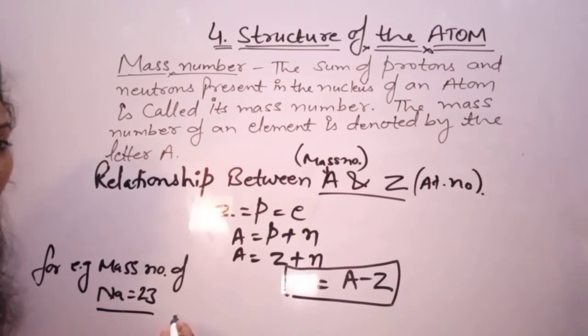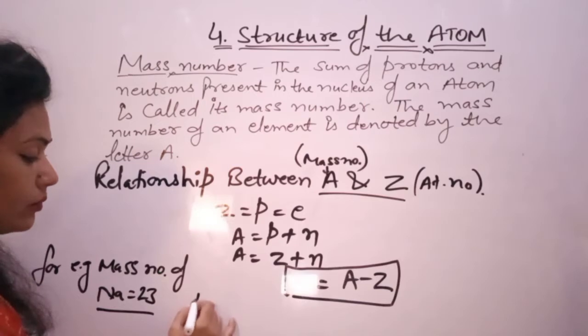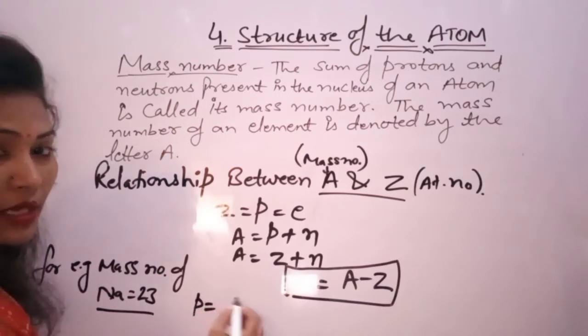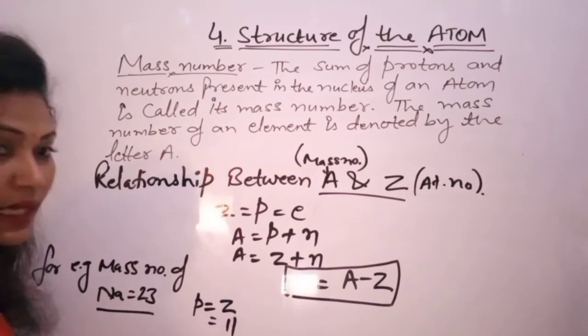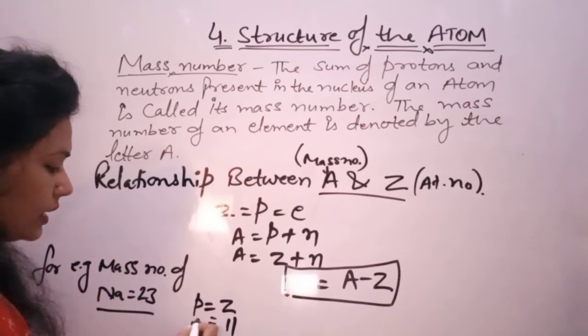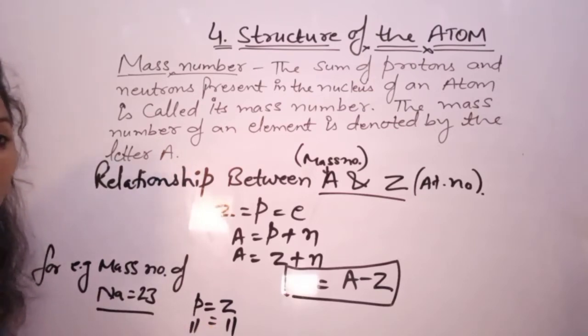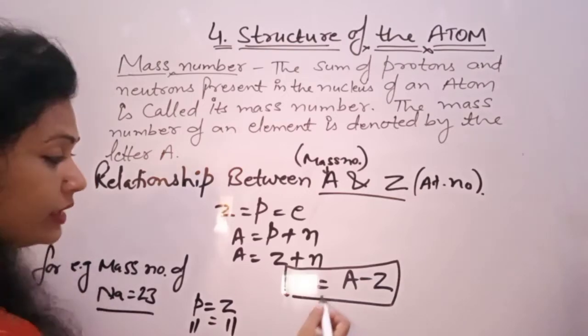Let us write that the number of protons is equal to the atomic number Z. Z is 11, so the number of protons is also 11. Got it? Put the value in this formula.